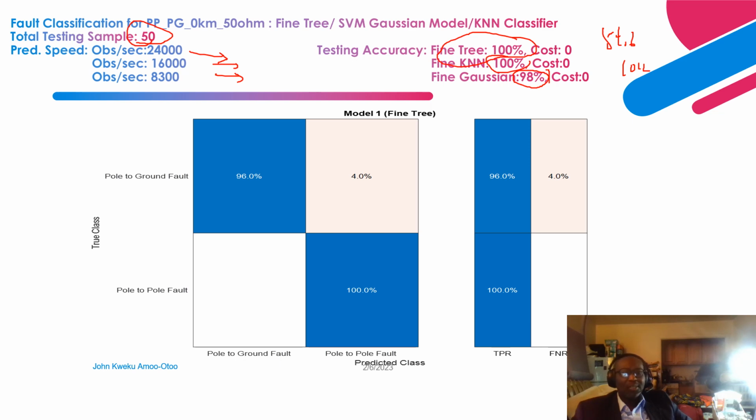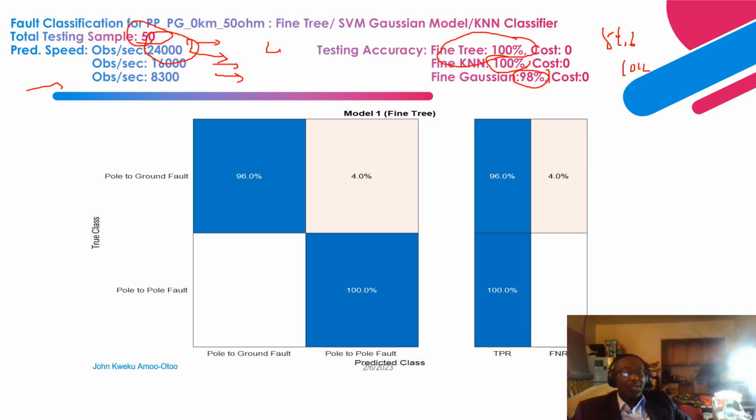As you can see over here, the fine decision tree is giving us 100% testing accuracy, and look at the number of objects per second prediction, very high. That itself plays into the list of criteria for you to select the best algorithm.